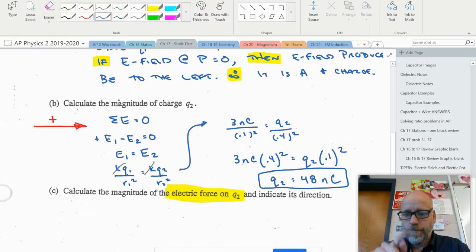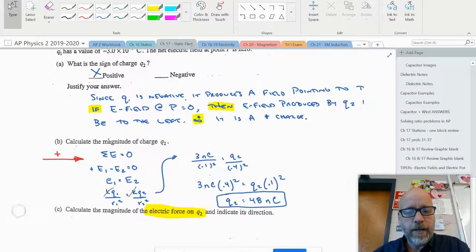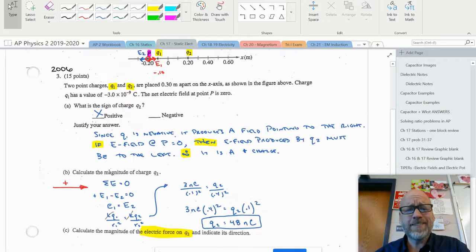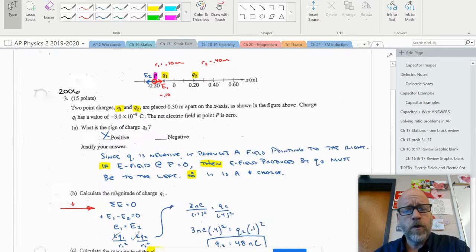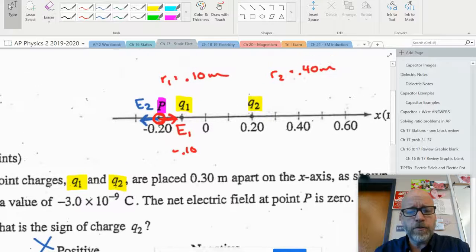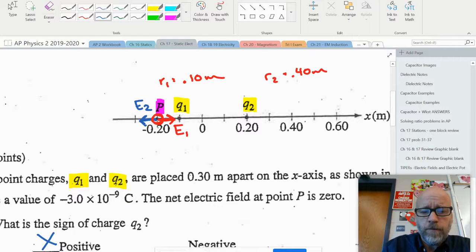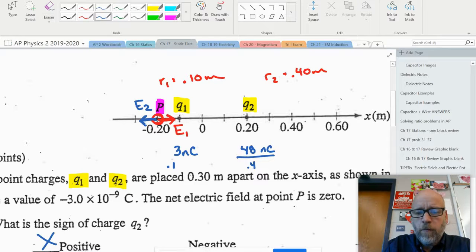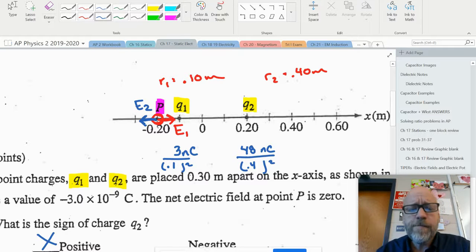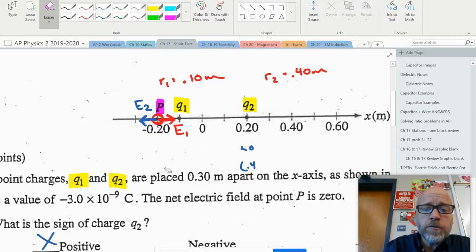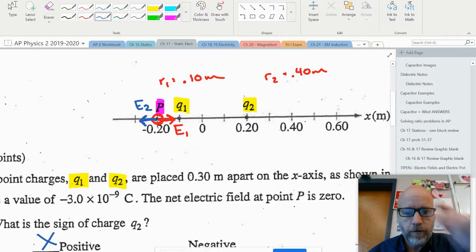Now, before I move on from that, I've got to look and say, does that make sense? The 3 nanocoulomb charge is much, much closer than Q2. So if this is 3 nanocoulombs and it's 0.1 away, this would be 48 nanocoulombs, but it's 0.4 away. Since we have to square those values, yeah, I see it. All I was doing there is double checking to make sure my answer made sense. Okay, moving on.